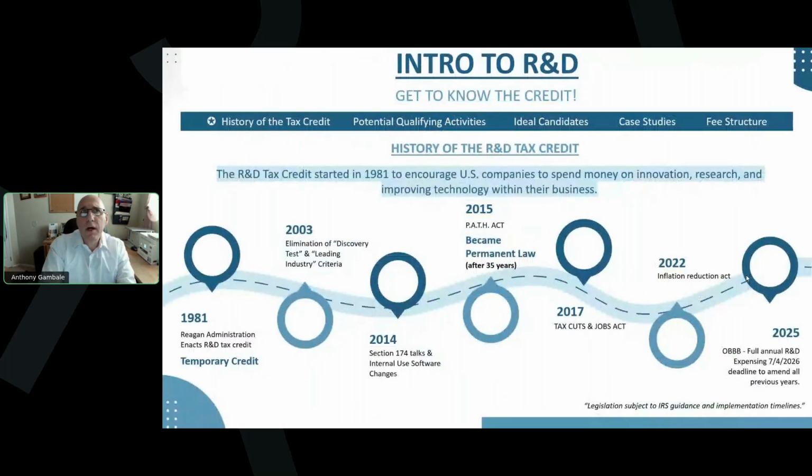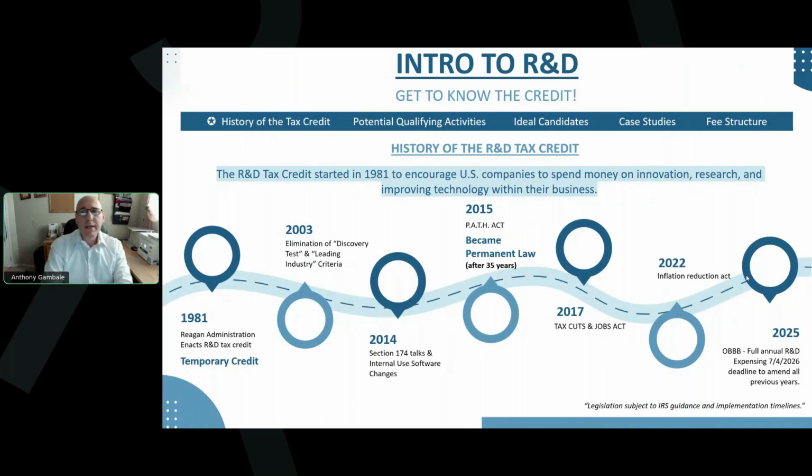So let's talk about an introduction to research and development tax credits. They've been around a while, but most people haven't heard of them. We're talking about a long while, right? 1981. That's over 4 decades.